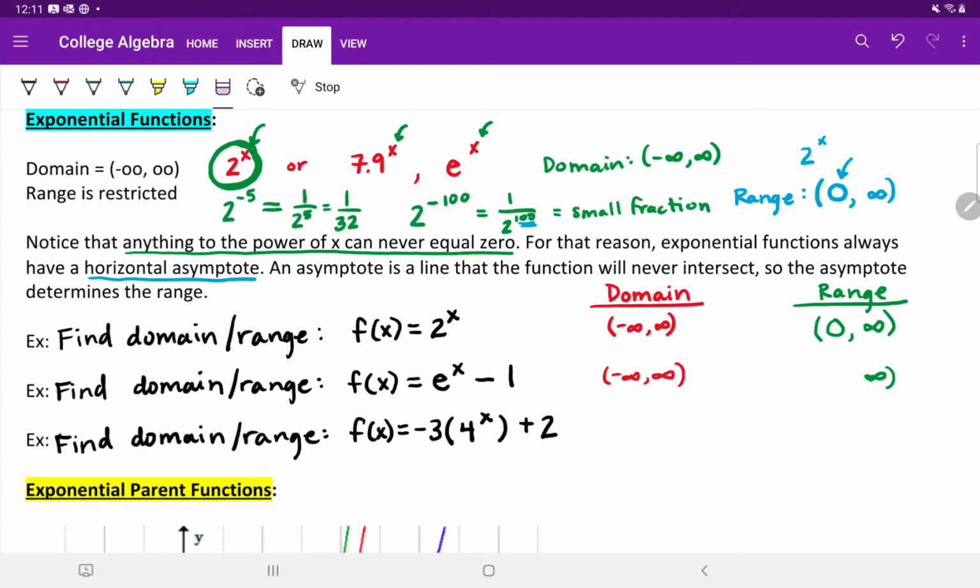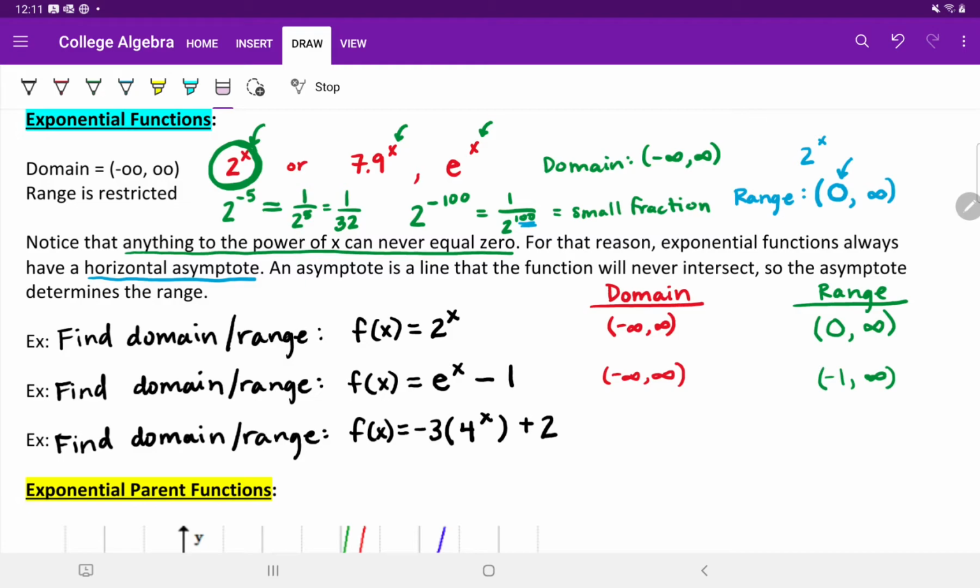So it's approaching 0, but it never actually quite reaches 0. But then we subtract 1 from that. So we would have 0, what we're approaching, minus 1, would mean that our range might make it all the way down really, really close to negative 1, but not quite actually ever achieving negative 1. And that's what this parenthesis indicates.